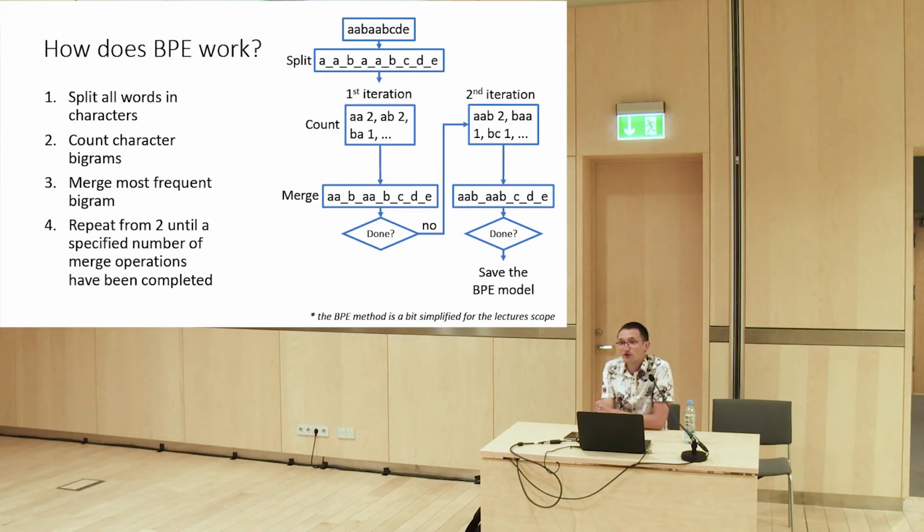If we have merged two characters, they produce another token, which can then be used in a bigram together with a different token. So we count again, merge again, and we continue till we reach the maximum amount of merge operations.